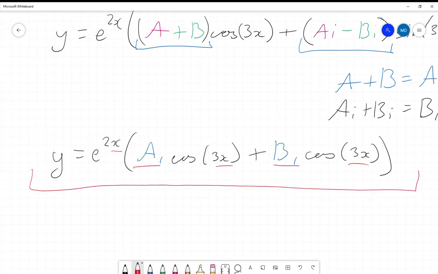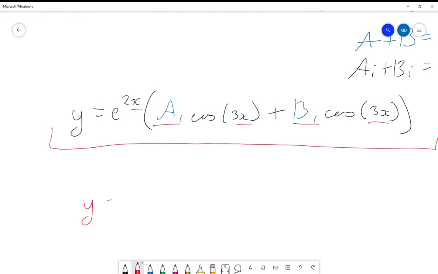So although it is valid to write it as y is equal to a e to the 2 plus 3i x plus b lots of e to the 2 minus 3i x, although that's valid, it's got complex parts to it, and we want a real solution to this differential equation.